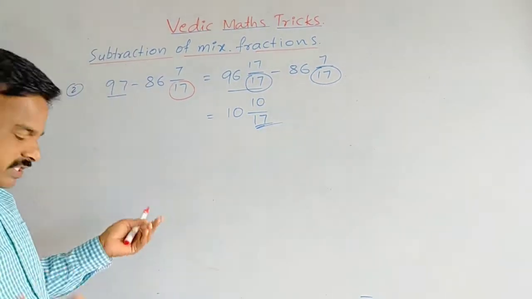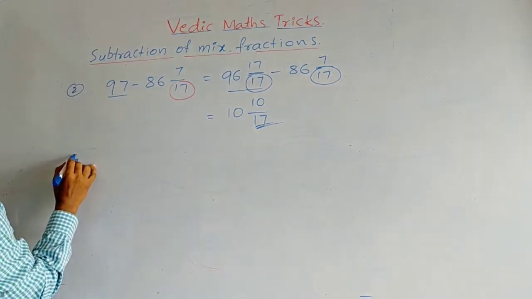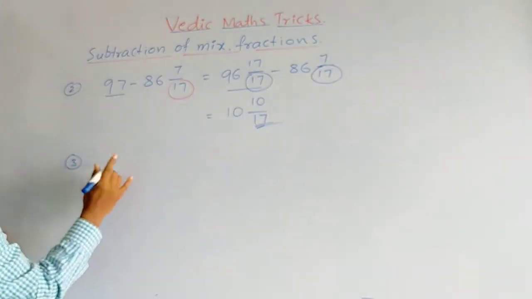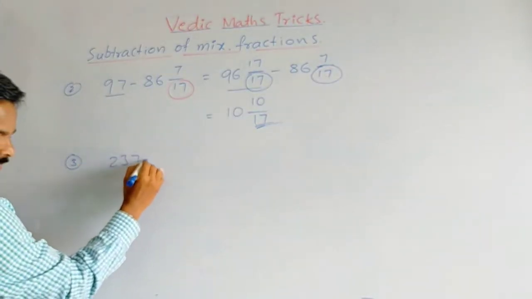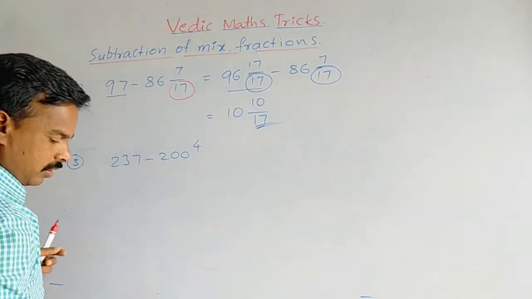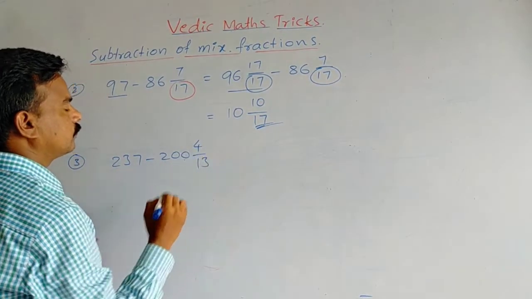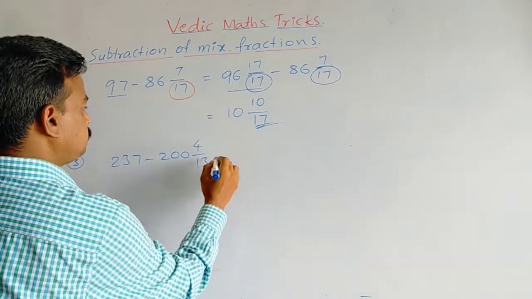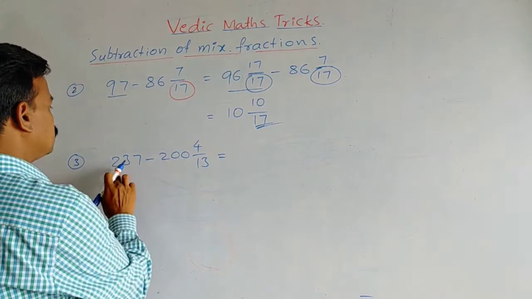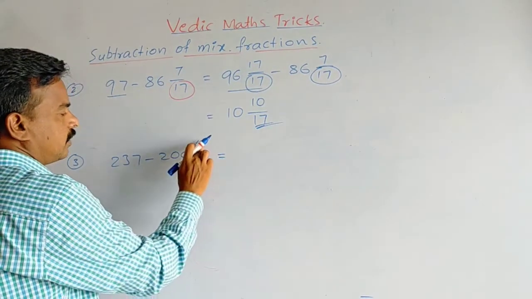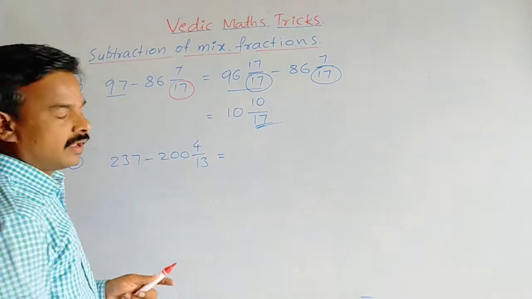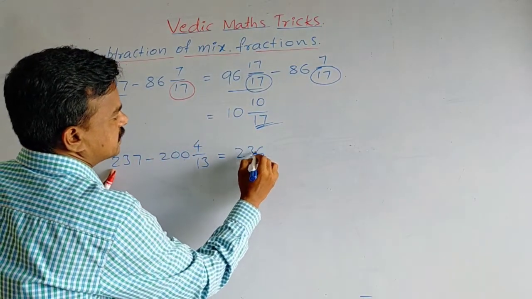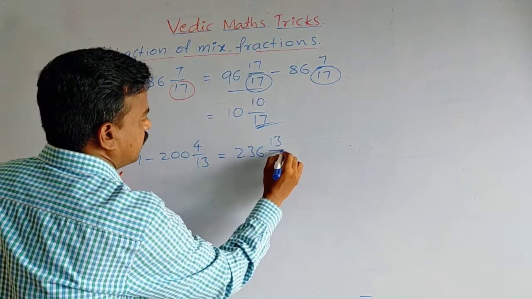Let us take one more example, the third example: 237 minus 204 by 13. Here 13 is the denominator, so we can write 237 as 236 whole 13 by 13.